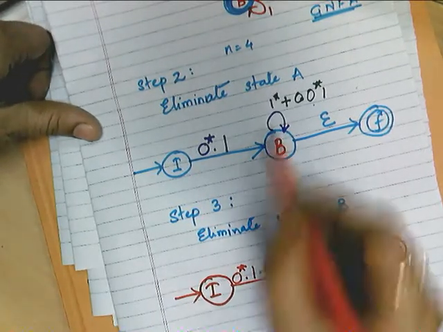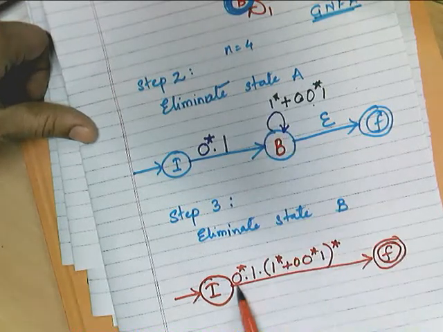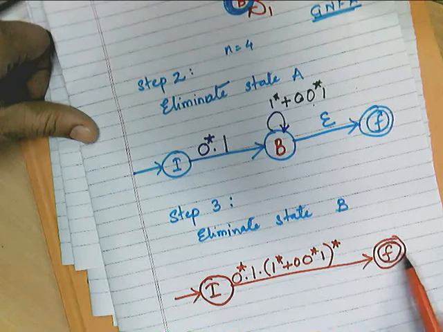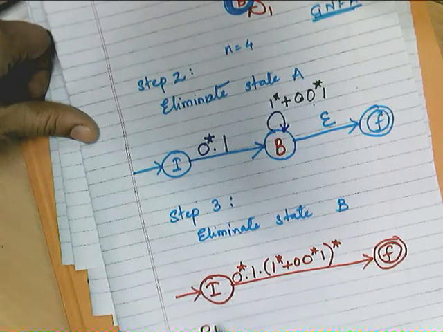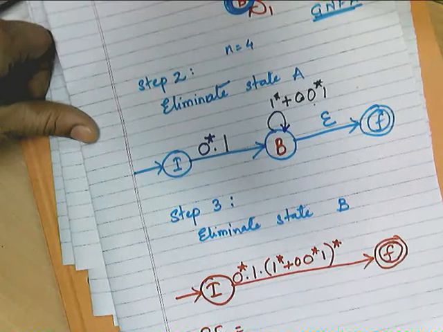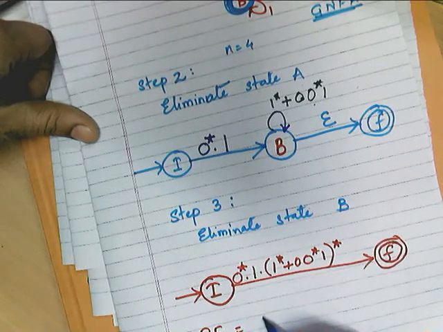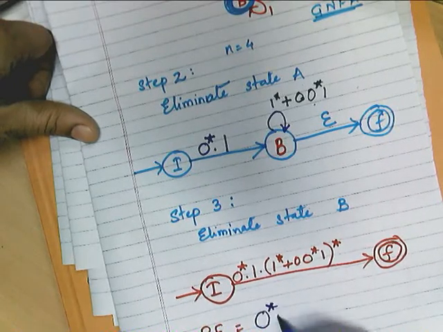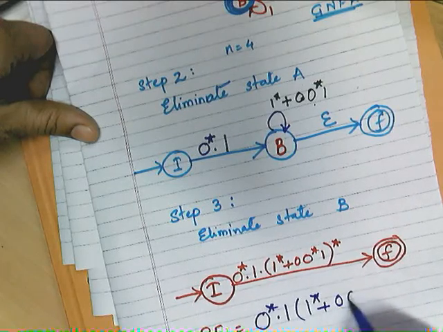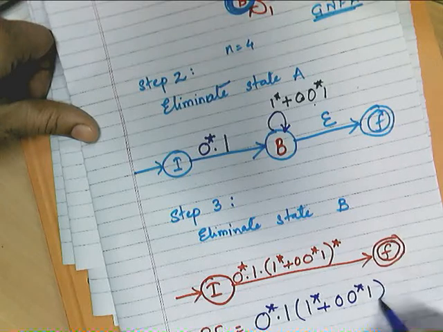Because of the self loop, I can reach from the initial state to the final state with the regular expression mentioned on this transition. So finally the regular expression will be 0 star dot 1 1 star plus 0 0 star 1 whole star.